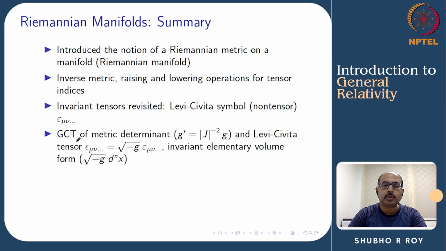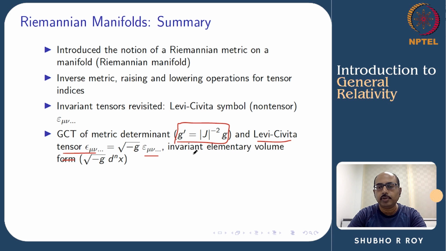Then we looked at the general coordinate transformation of the metric determinant. I've written it here. So the metric determinant doesn't transform like a tensor either. In fact, it's a scalar density of weight minus 2. And then the Levi-Civita symbol and the metric determinant can be combined together to revive the Levi-Civita tensor, which we denote by this epsilon mu, etc., defined by the product of square root of the metric determinant or minus metric determinant with the Levi-Civita symbol.